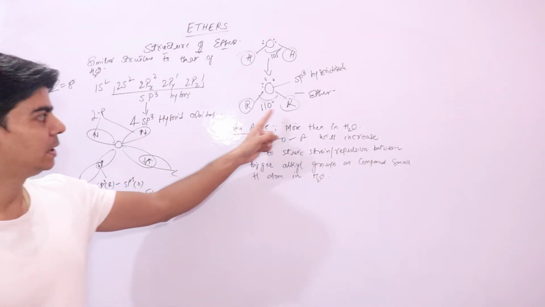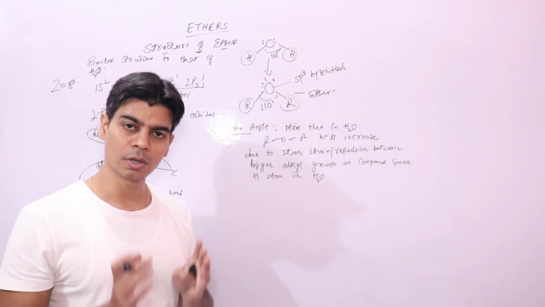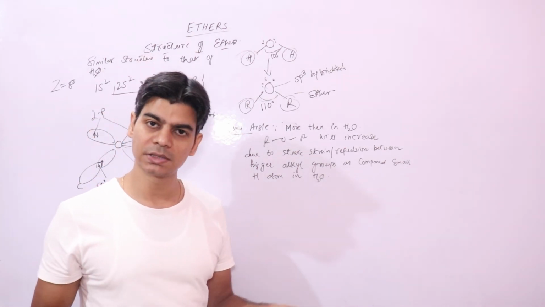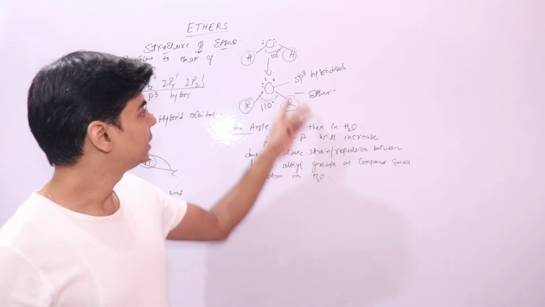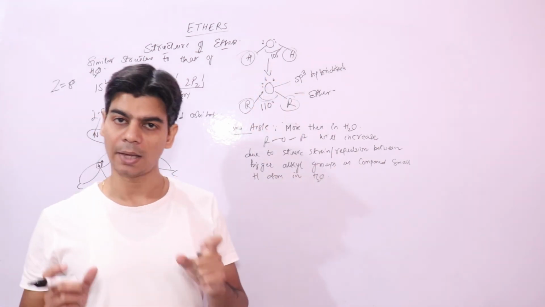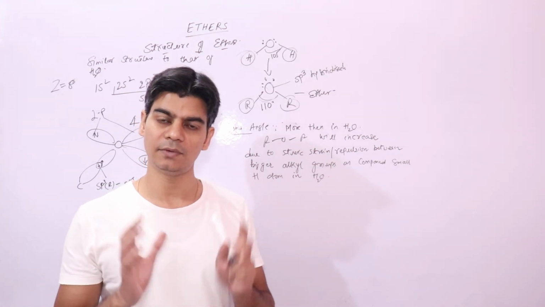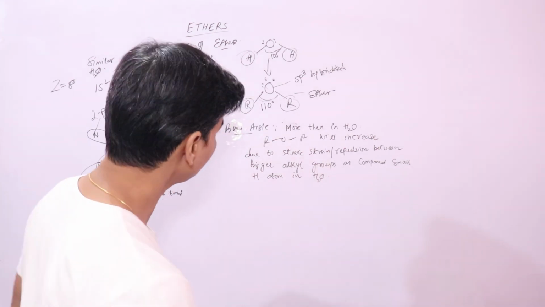You have bigger alkyl groups, so they have more steric repulsion, due to which the bond angle increases to 110, as compared to 105 in water, because in water you have smaller hydrogen atoms, so they have less steric repulsion.